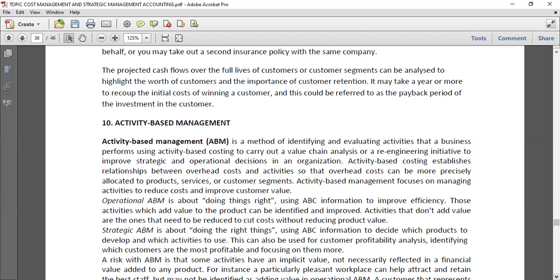identifying and evaluating activities. The keyword here is activities. Remember, activity-based costing is activity focused. Even this also looks at more of activities. So identifying and evaluating activities that a business performs, okay, using activity-based costing to carry out the value chain analysis and the re-engineering initiative.